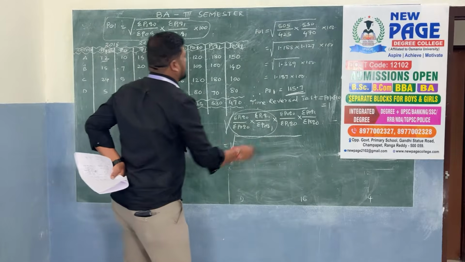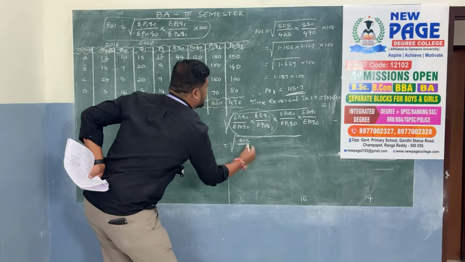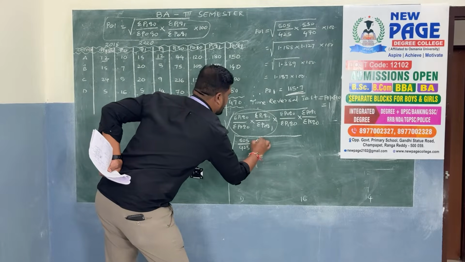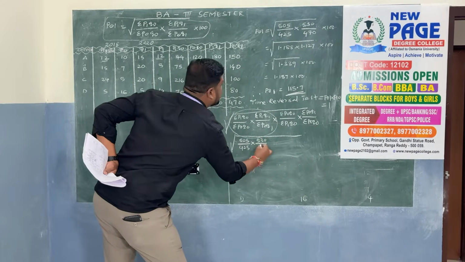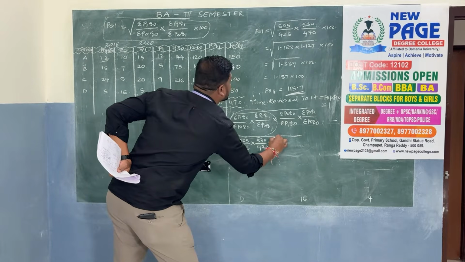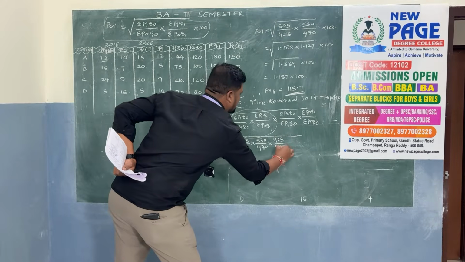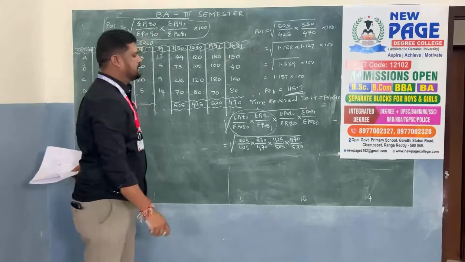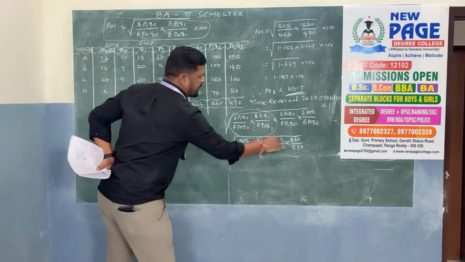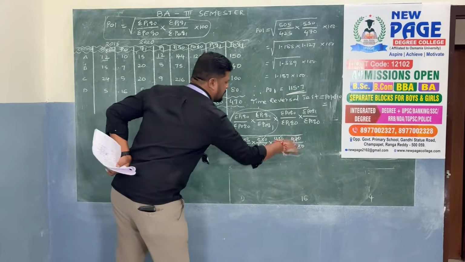Applying the values, 505 divided by 425 into 530 divided by 470 into the reverse. Right? 505 and 505 cancel, 425 and 425 cancel, 530 and 530 cancel, 470 and 470 cancel.